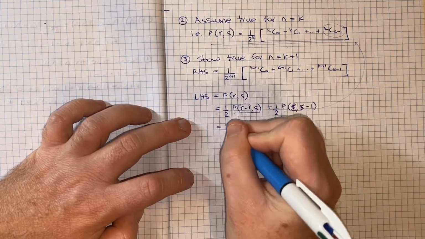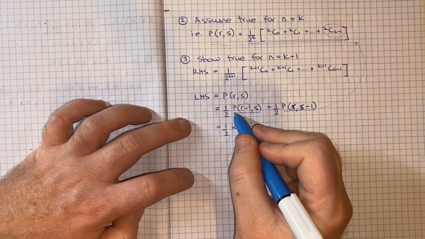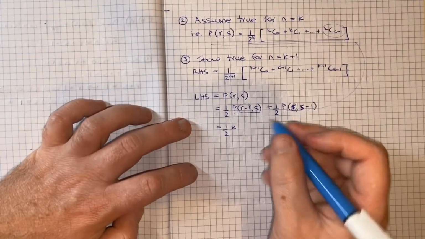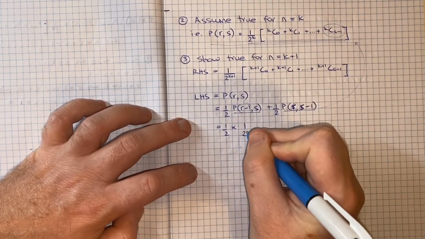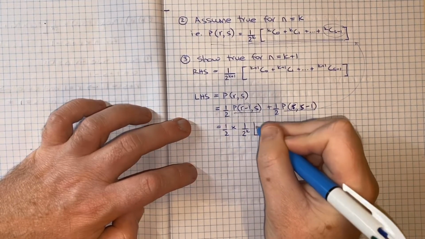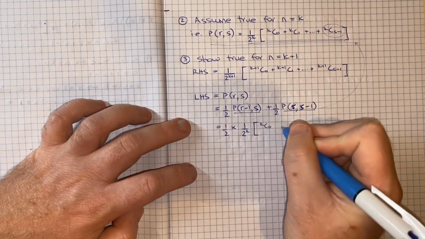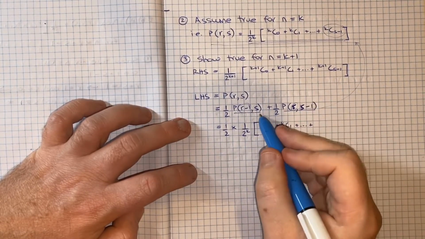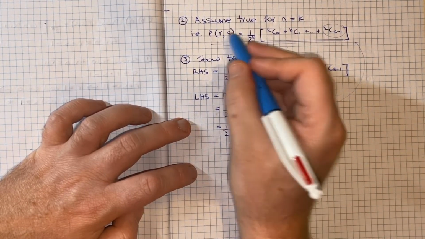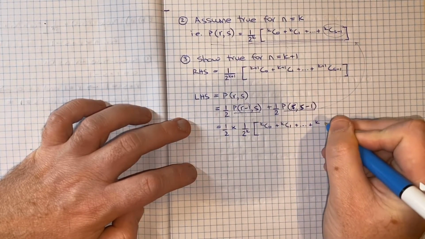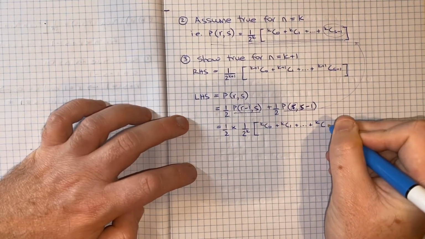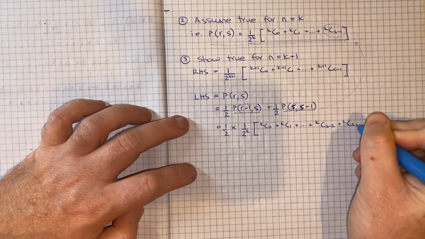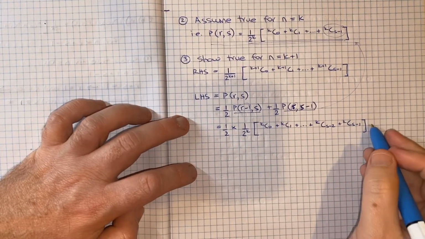So we can write this as a half times the probability of r minus 1, s, making use of what we assumed in step 2, as 1 on 2 to the k times kC0 plus kC1 and so on up to, well, if this is s, I might just write the last two terms, kC(s minus 2) plus kC(s minus 1). That's where we stop.